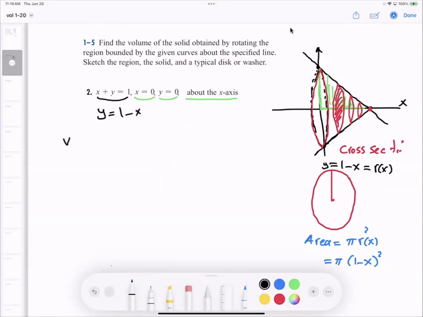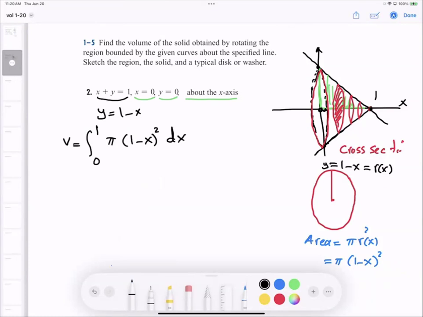The volume is equal to the definite integral. Take a look. It hits the x-axis at 1, and the starting value is at the origin, 0. So 0 to 1, and pi r squared, which is 1 minus x to the second power dx. Here you have different options for calculating this integral. You might say, I want to use u sub. Why not?